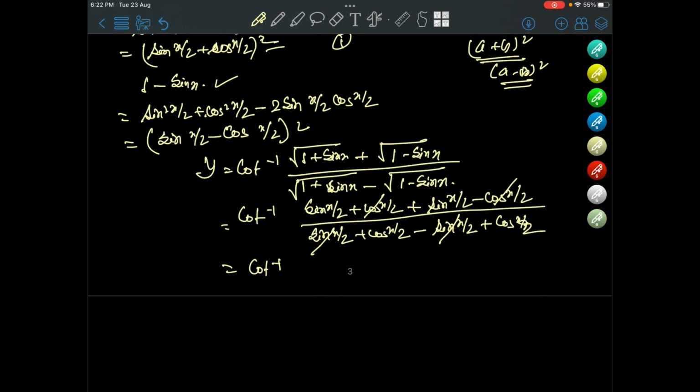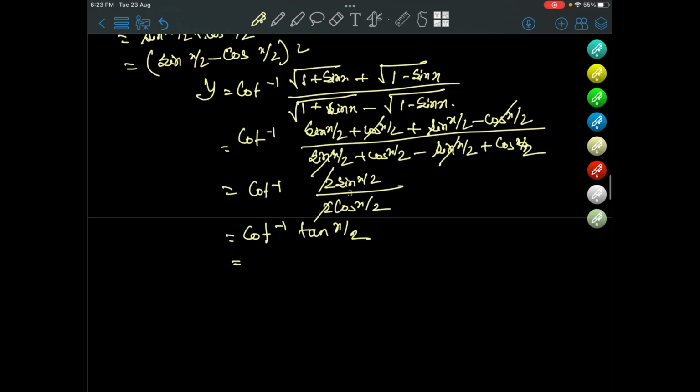So what we are getting is sin x by 2 divided by cos x by 2. The 2 will cancel out in numerator and denominator. So tan x by 2. But cot inverse and tan cannot cancel out each other. That is why we have to turn the tan into cot. To turn the tan into cot, what do we have to do?